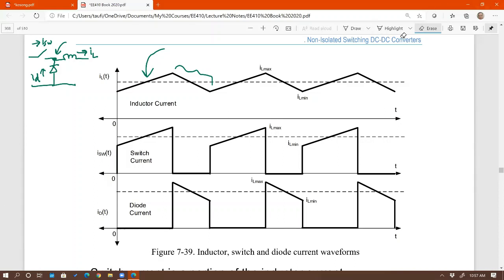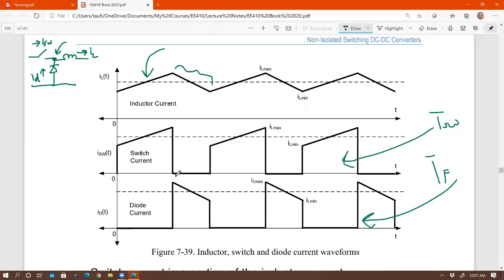So now it's just a matter of finding the average of this waveform for sizing current rating of the switch, and then the average of this diode waveform, IF average later, to be able to select the diode current rating, right? Do we know how to find the average of these currents? You should, right? These are all trapezoids, right? So you can find the area of the trapezoid and then divide it by T, right?